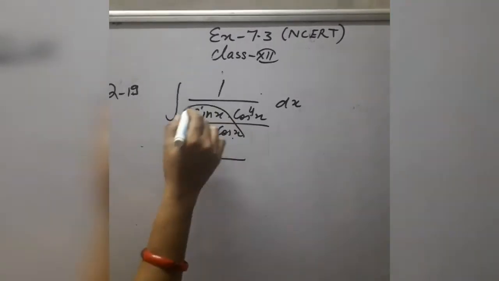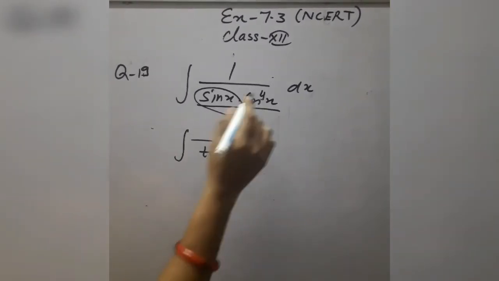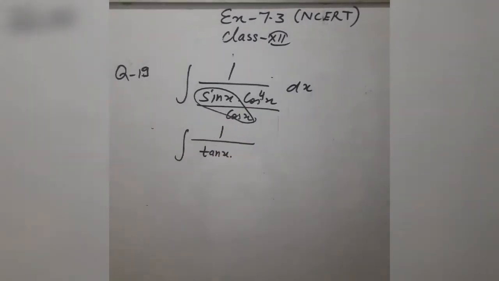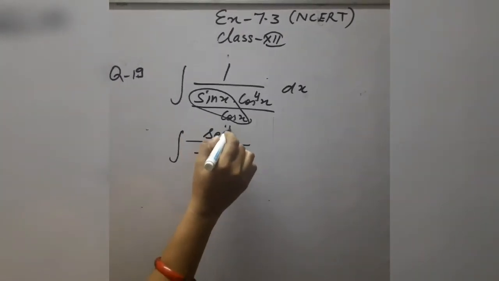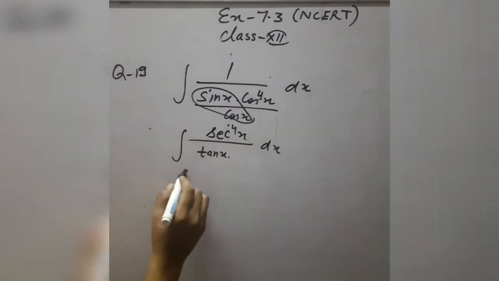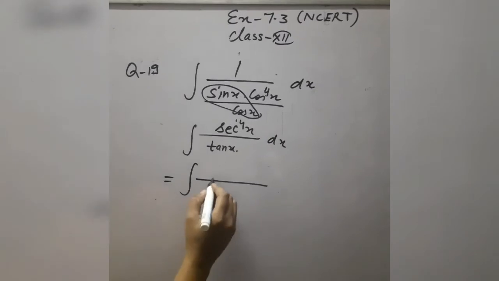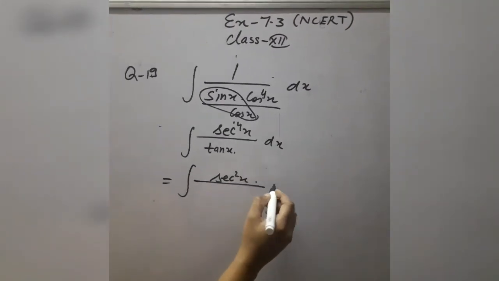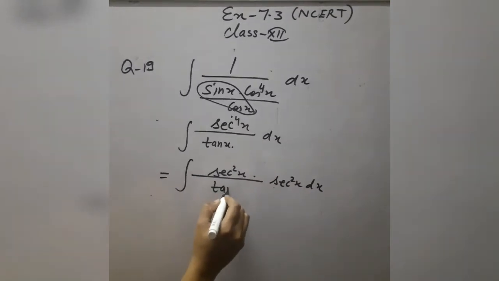This sin by cos can be written as tangent x, and this cos raised to power 4, when you will shift it in the numerator, it becomes secant raised to power 4, and this secant raised to power 4 can be written as secant square x into secant square x divided by tangent x.